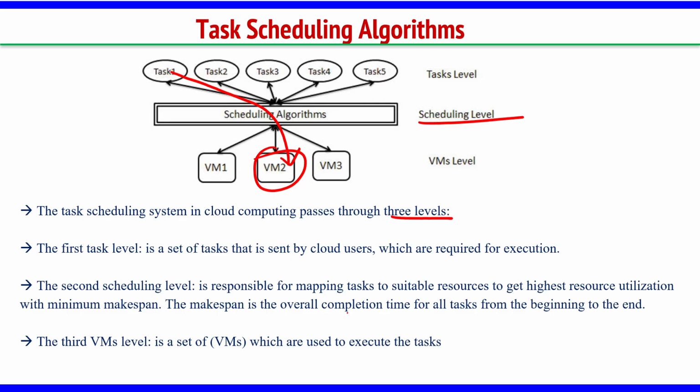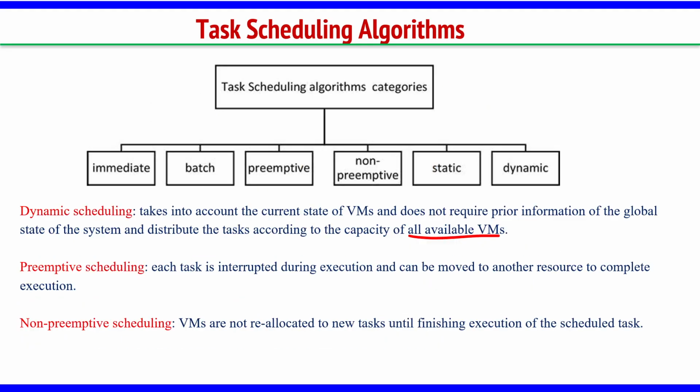It is the overall completion time for all tasks from the beginning to the end. We want a very small make span, so that the time taken for the tasks to complete is very, very less. And the third level is the VMs level. It is nothing but a set of virtual machines which are used to execute the tasks. So, these are the three different levels in a task scheduling system in the cloud. This is about task scheduling algorithms.